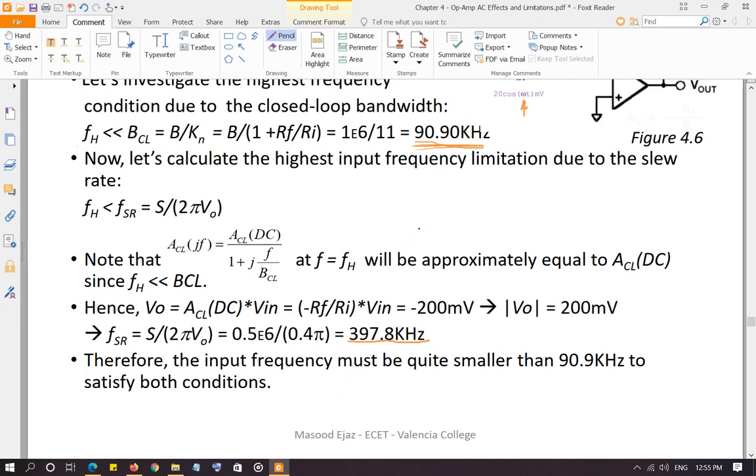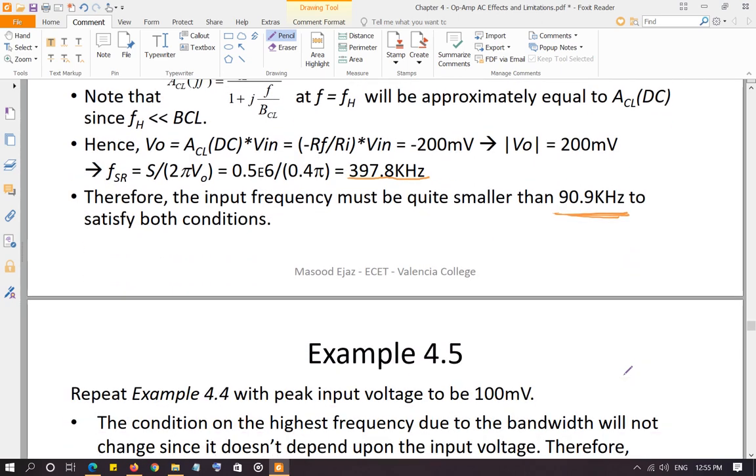So in order to satisfy both values, the input frequency has to be smaller than the smaller of the two values. The highest input frequency has to be smaller than 90.90 kilohertz. And since this is BCL, it has to be quite smaller than 90.9 kilohertz in order for the output to linearly follow the input.